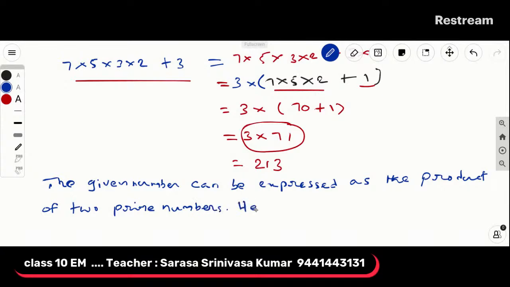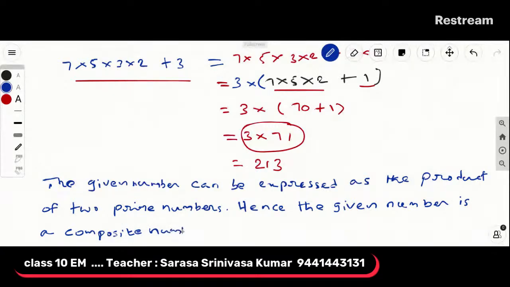Hence, the given number is a composite number.